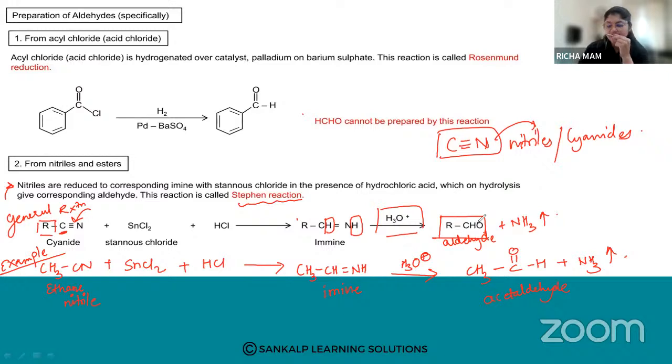Nitriles are reduced to corresponding imines with stannous chloride in the presence of hydrochloric acid, which on hydrolysis will give you corresponding aldehydes. This particular name reaction is called the Stephen reaction. So Rosenmund reduction and Stephen reaction, is it clear?